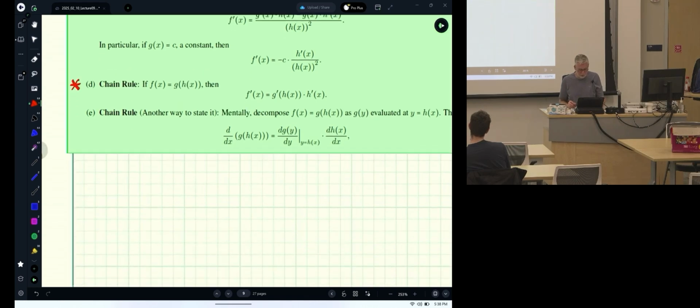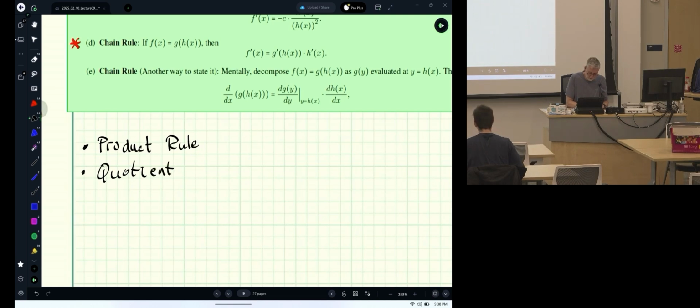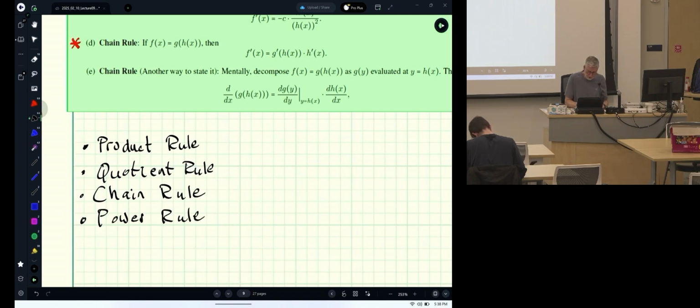So those are the main ones. And then the last important one is the power rule. So I won't even bother to write down the sum rule, the product rule, quotient rule, chain rule, and the power rule.